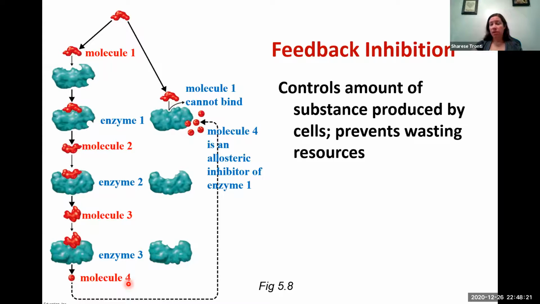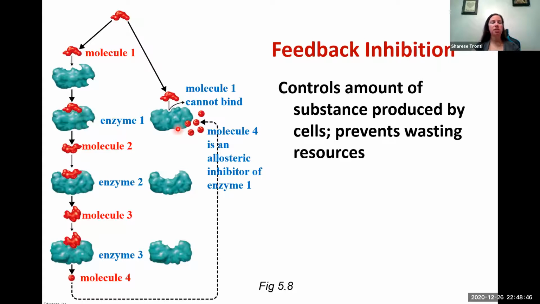Now, eventually, we might have enough end product produced, so we don't need to make any more. It would be a waste of time, effort, and resources for the organism to continue to make this end product. And so what will happen is the end product will serve as an allosteric inhibitor on the first enzyme of the pathway.